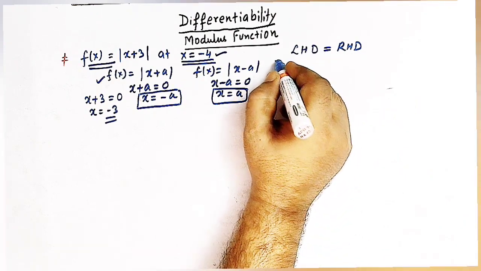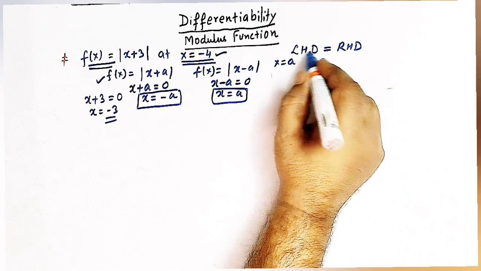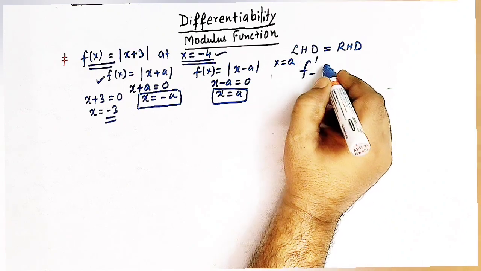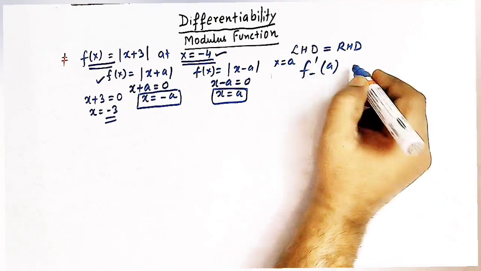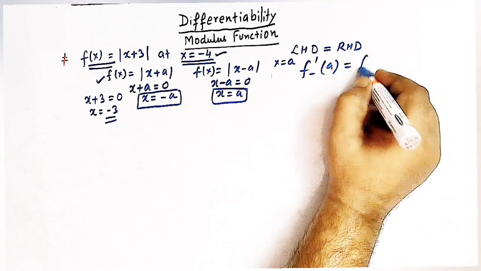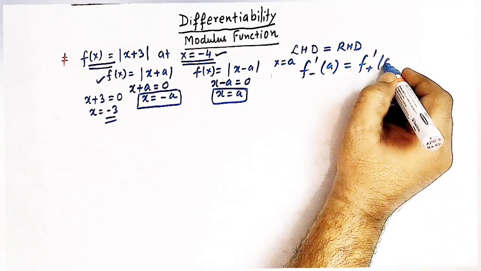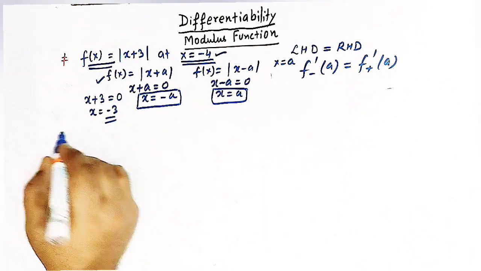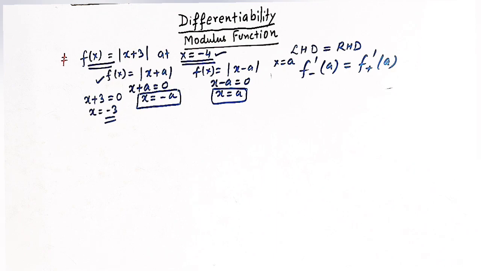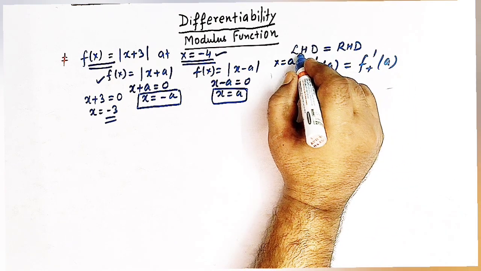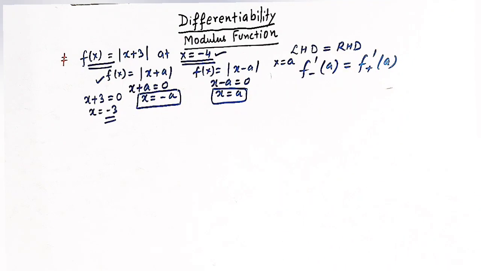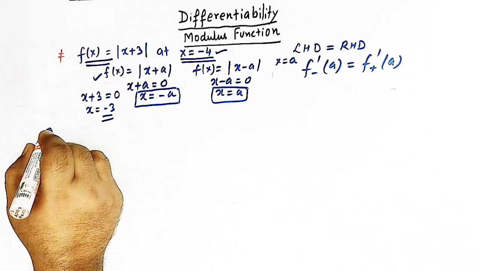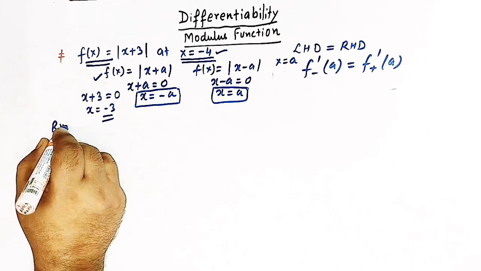So if we have a point, say x is equal to a, then the left hand derivative at this point must be equal to the right hand derivative at x is equal to a. In this case, first we'll find the right hand derivative, then we'll find the left hand derivative, and we'll see that both are equal to each other.